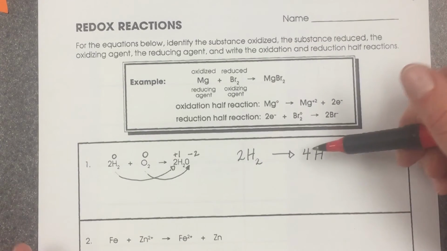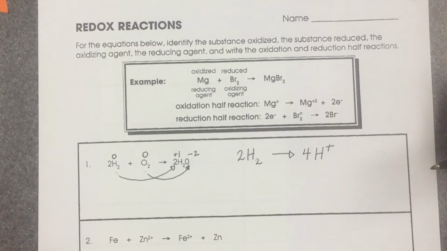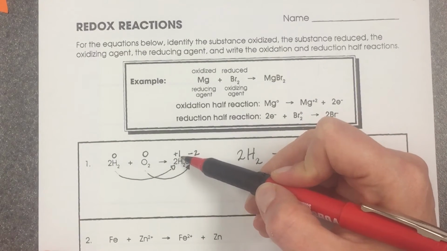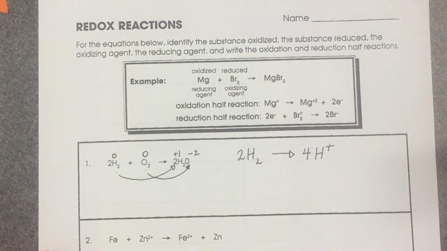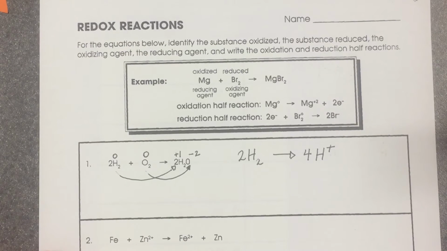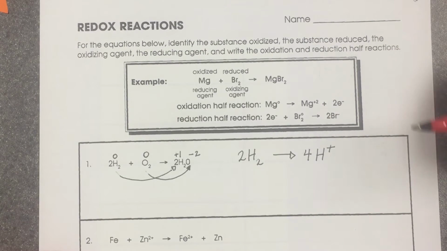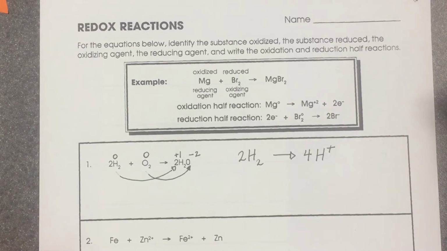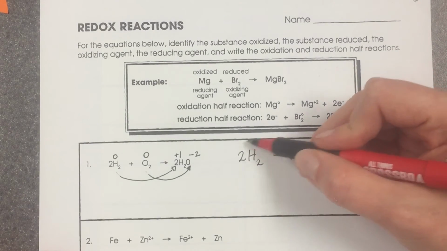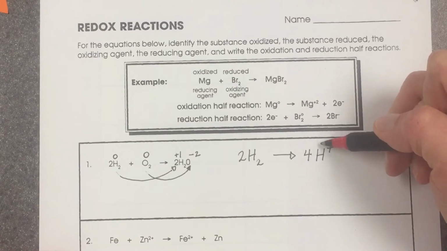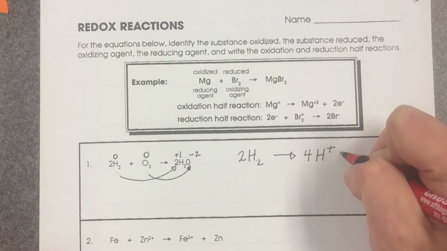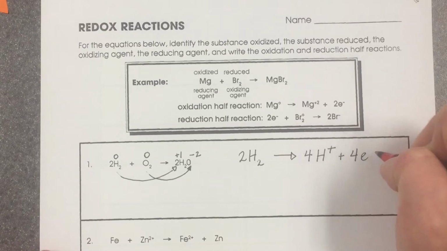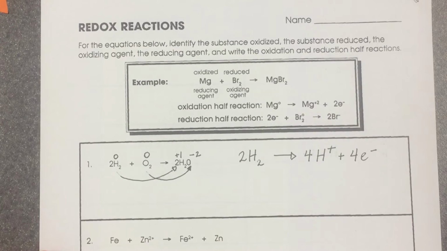So what I did was I made 4 hydrogen ions, 4 hydrogens with that oxidation number of +1. In the process, each hydrogen lost an electron. And anytime something is lost, it's going to end up part of the products because it's leaving the reaction. So those hydrogens were complete, but now they've broken up into 4 hydrogen ions and the 4 electrons that were lost. Okay?